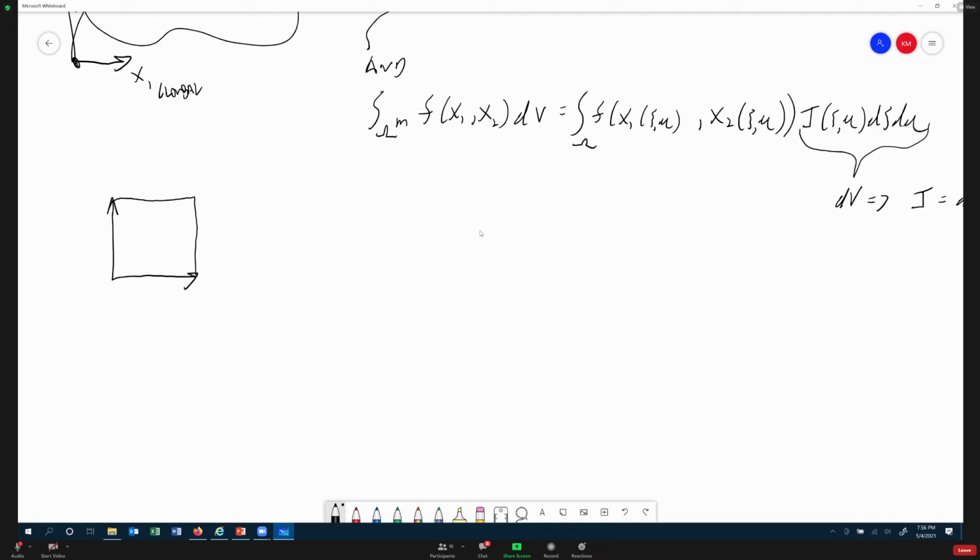So we have nu and C. We have an element here. Let's write this down. I need more space.